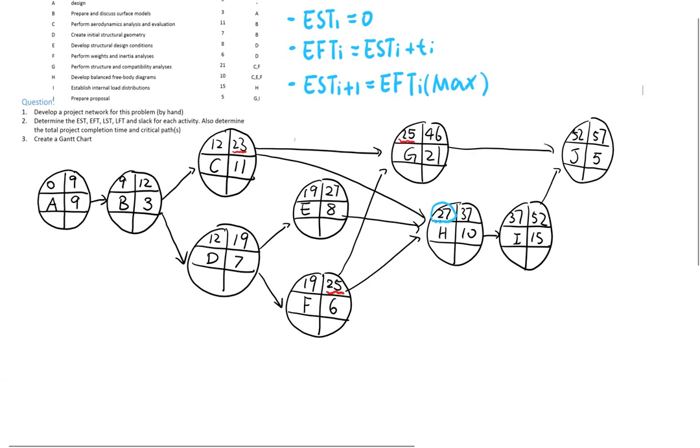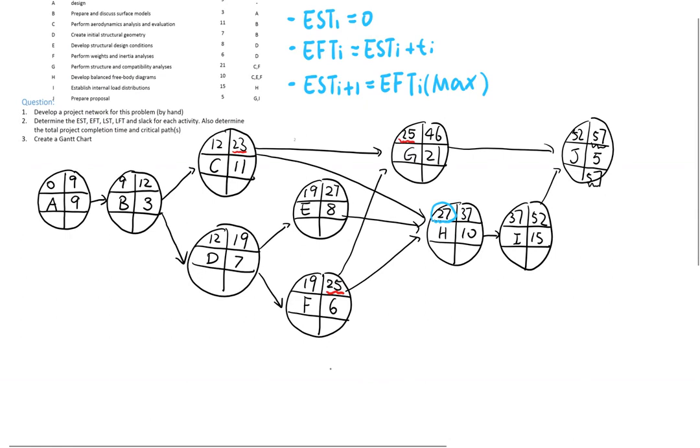So this time we are going from the last activity to the first activity, and this is called the backward pass. And we start from activity J, the last activity. The first step is we want to figure out the latest finish time of activity J, and this value is equal to the earliest finish time, 57, so we just copy the value down, 57.